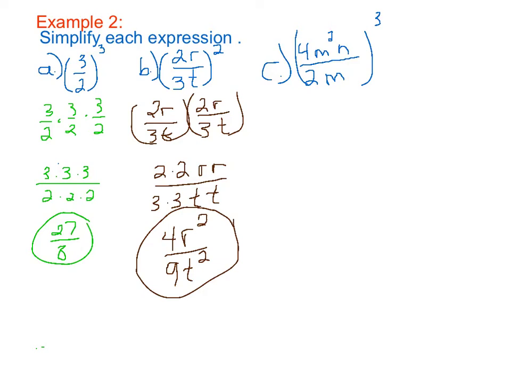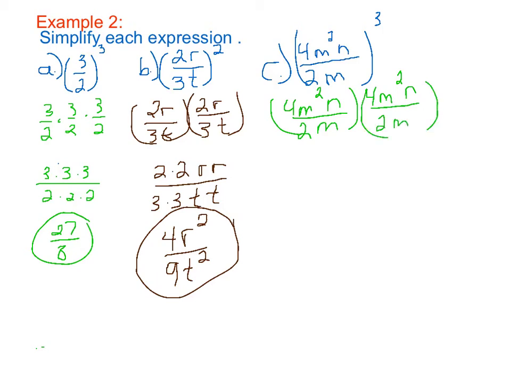In part C here, the exponent is a 3, so we're going to take everything inside the parentheses and multiply by itself 3 times. So we're going to have 4m squared times n over 2m multiplied by 4m squared times n over 2m, and then one more time.